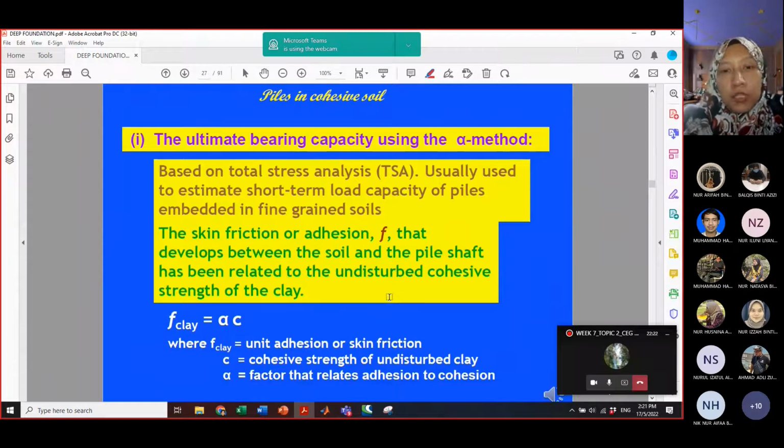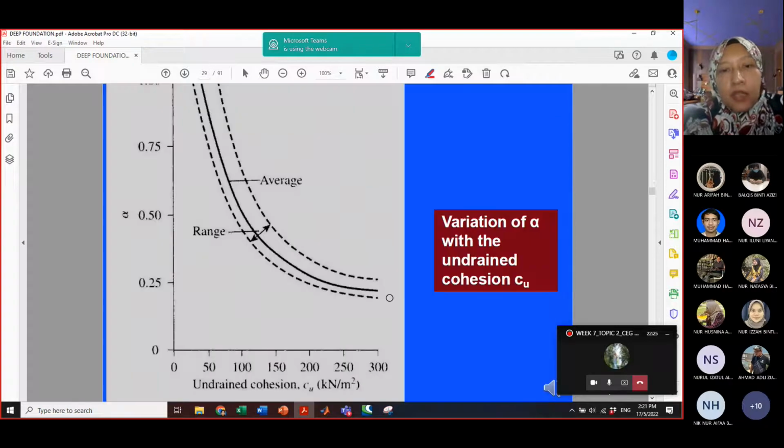Okay, this is also the same thing as I explained earlier. Okay, this is how we are going to determine the addition factor according to the alpha method. Okay, the variations of alpha using the undrained coefficient. For example here, this is the upper bound limit and this is the lower bound limit.